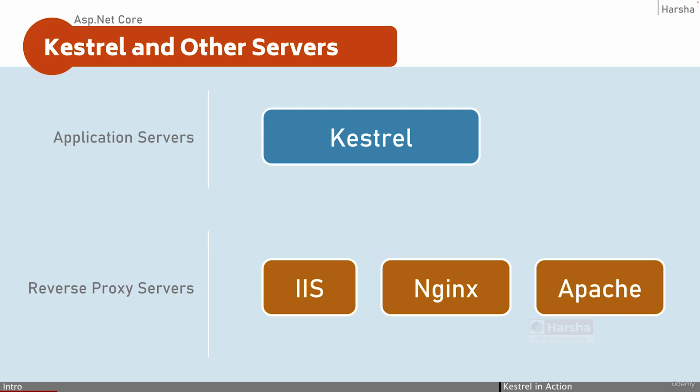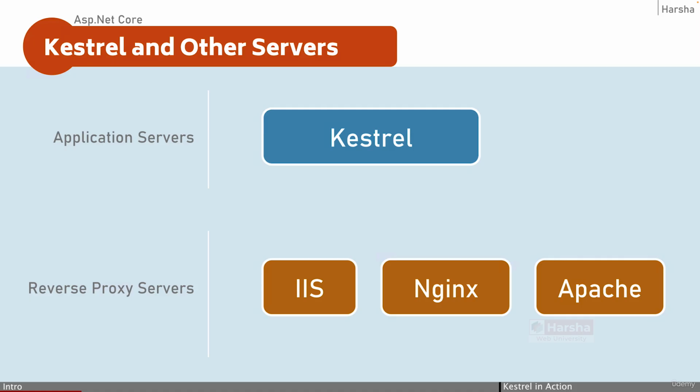Meaning, during development, developers use Kestrel as a development server. You will be writing some ASP.NET Core code and you will be testing or running the application by using the default server called Kestrel.